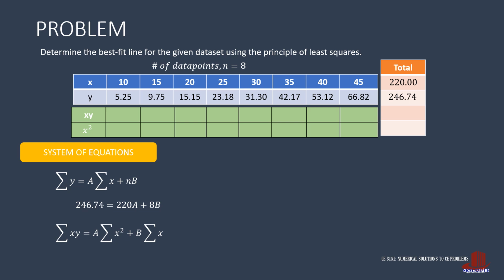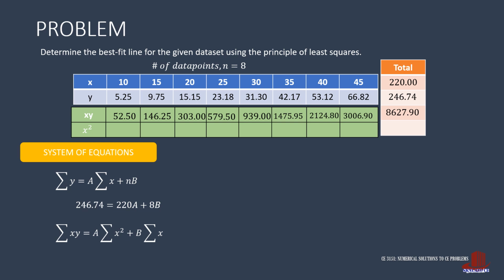To take the summation of xy, solve for xy for each data point, being 52.5, 146.25, 303, 579.5, 939, 1475.95, 2124.8, and 3006.9.